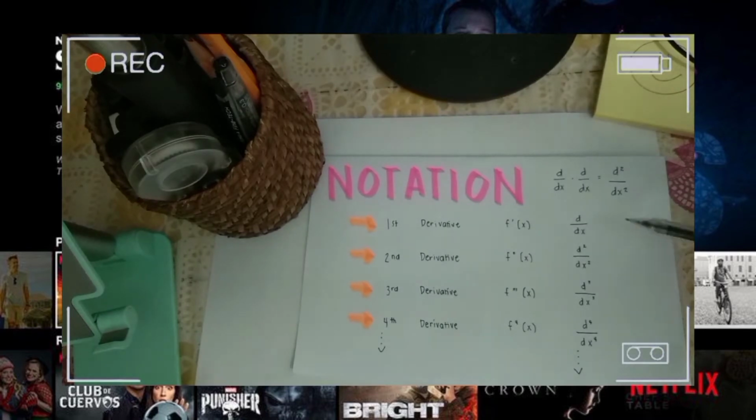You can imagine this happening because you have 2 of your derivative operators stacking up on one another, so 2 d's at the top and 2 dx's at the bottom. Continuing from there, you could put your third derivative, 3 on the top and 3 on the bottom, and your fourth derivative, 4 on the top and 4 on the bottom, and again continuing on from there.